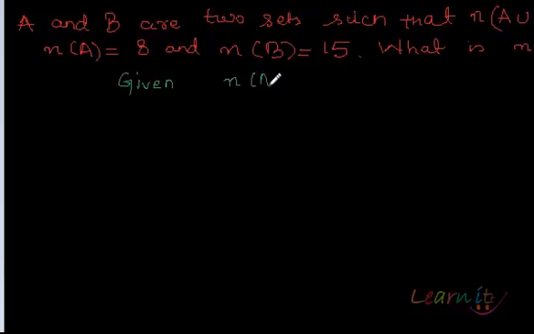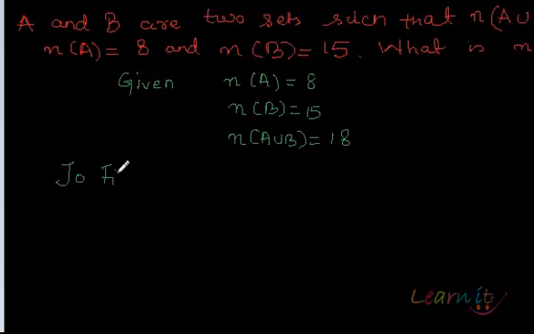We are given n(A) equals 8, n(B) equals 15, and n(A union B) equals 18. Now what we need to find out is n(A intersection B).